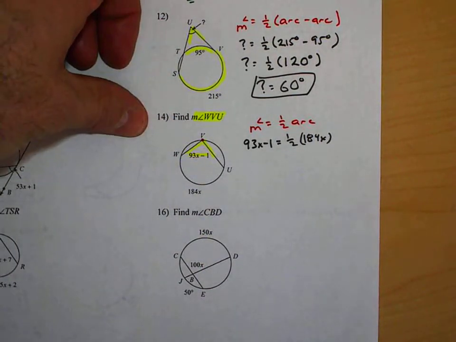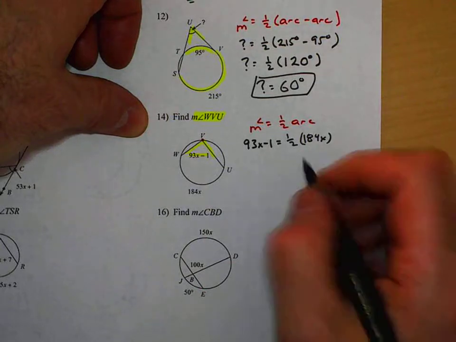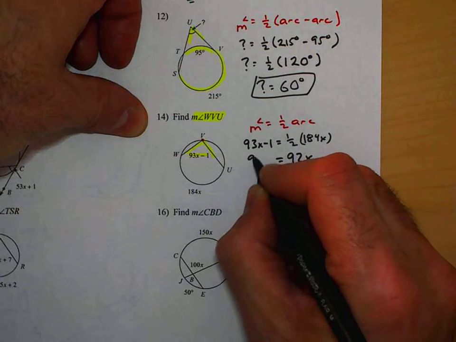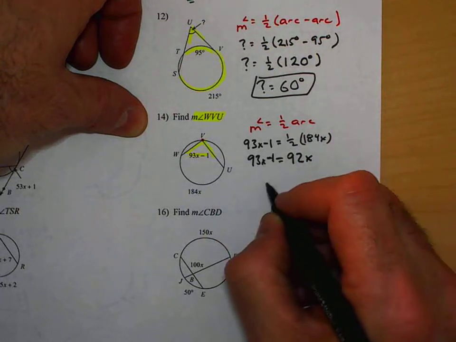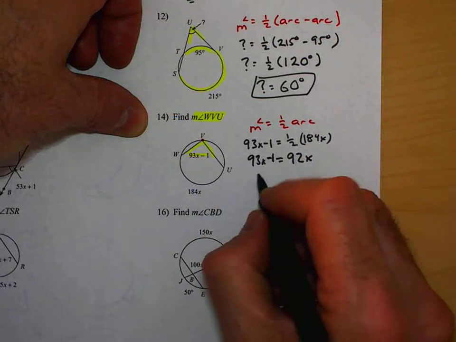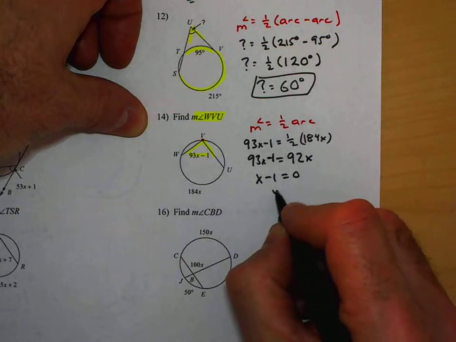Usually I like to double both sides, but here it's so easy to go ahead and split this in two, and you get 92x. And this is 93x minus 1. I like to keep my coefficient to my variable positive, so I'm going to subtract 92x from both sides. I get x minus 1 equals 0. Add 1 to both sides, x equals 1.